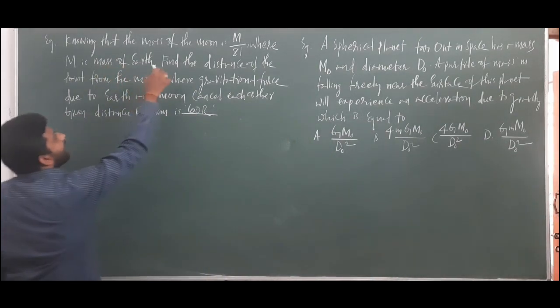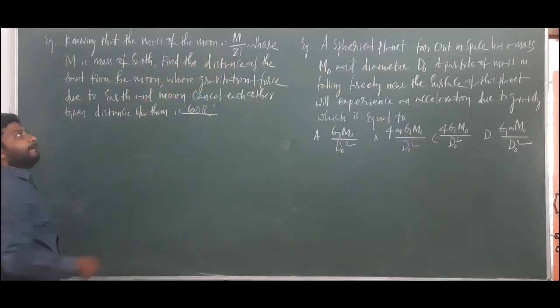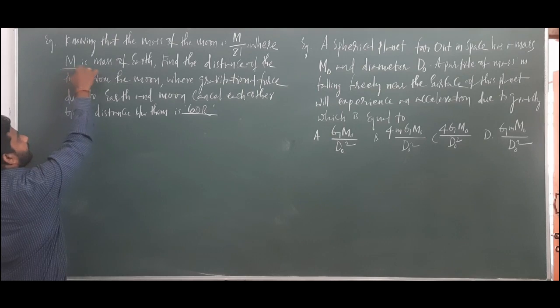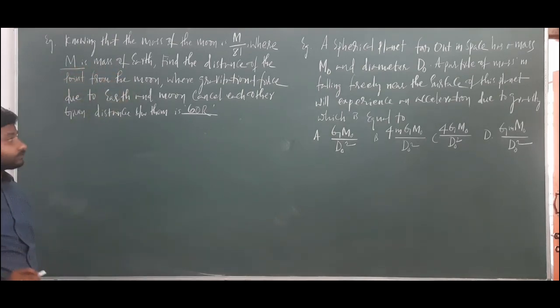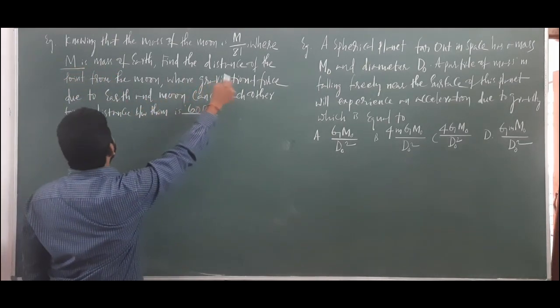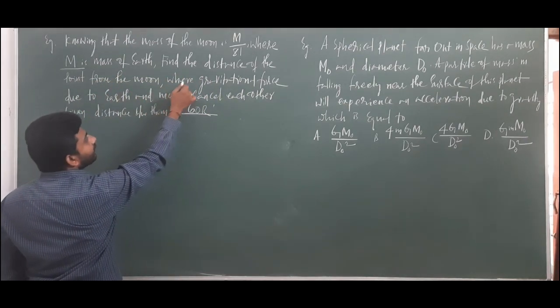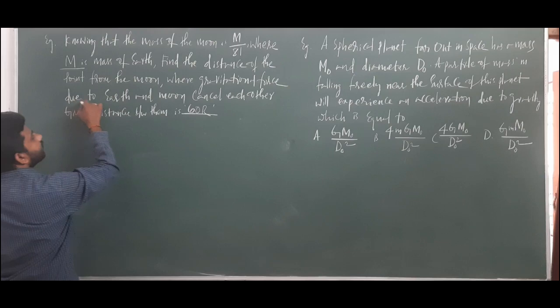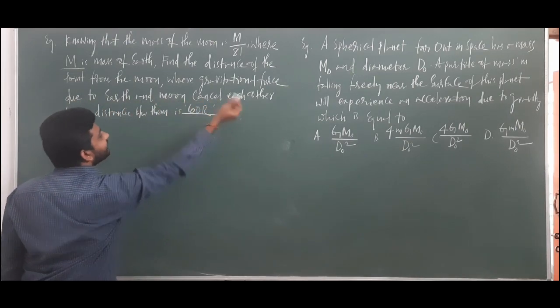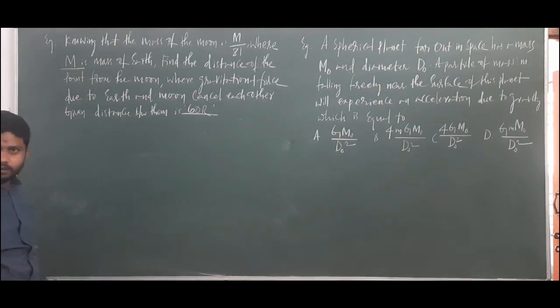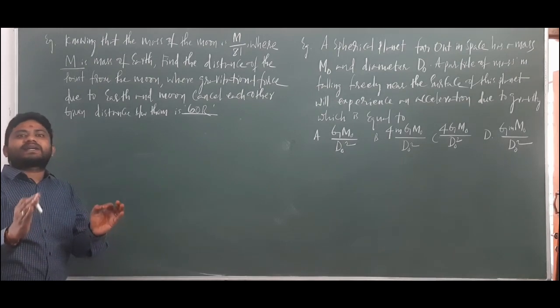Knowing that the mass of the moon is capital M by 81, where capital M is mass of the earth, find the distance of the point from the moon where gravitational force due to the earth and the moon cancel each other. Here, there are two particles present here.